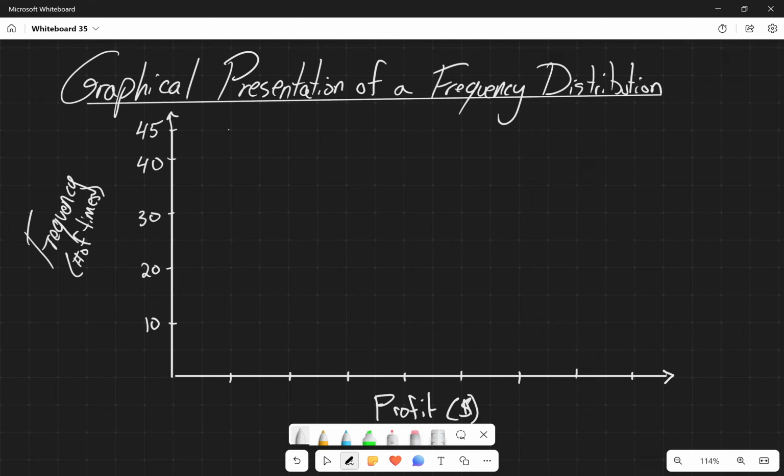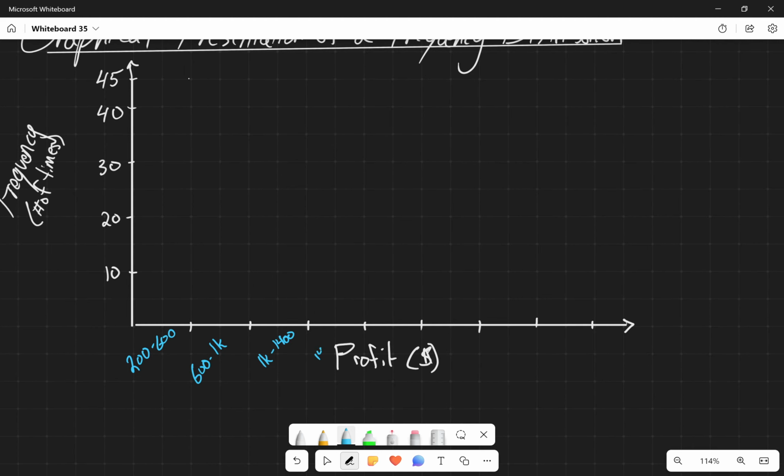So we know from the first part of chapter 2 that the first bin is going to be 200 to 600, then 600 to 1,000, then 1,000 to 1,400. Then we've got 1,400 to 1,800. We've got 1,800 to 2,200, 2,200 to 2,600. You get the gist.